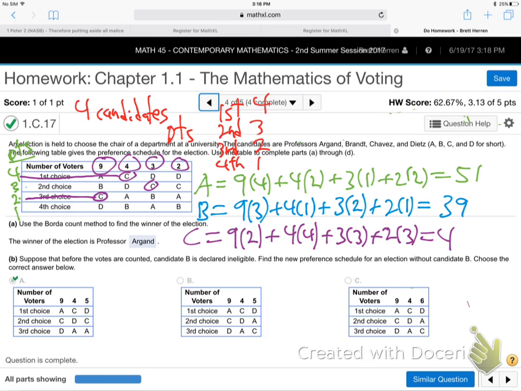Is it 49? Is that the right total? Is that okay to there? You all tracking with me?